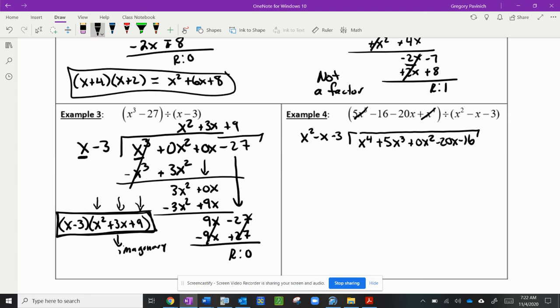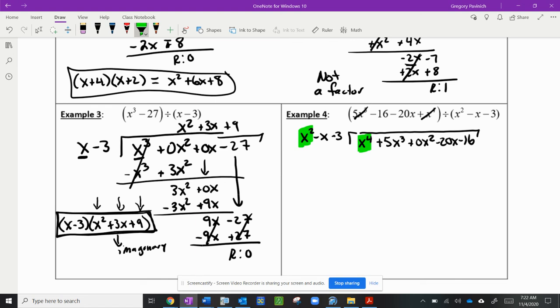Okay. So just to let you know, when you divide two polynomials together, if you look at their two degrees, this is a quadratic and it's going into a fourth. And when I divide those, what you're going to be left with is the subtraction of those degrees.